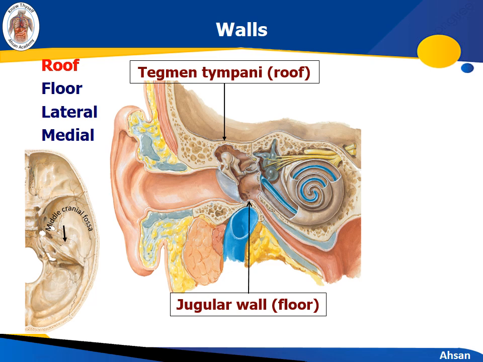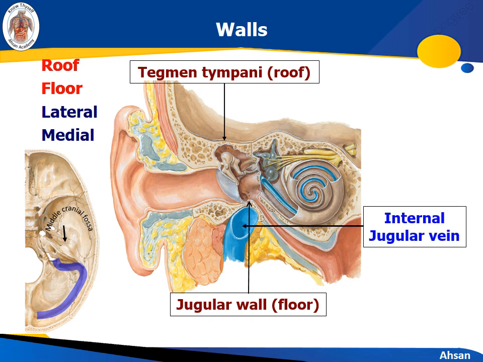The floor, you can see, is also a thin plate of bone that has a very close relation with a vein you can see below. Let us try to understand this. This is the sigmoid sinus. Let me show it again. This line is showing the course of the sigmoid sinus that is going towards the jugular foramen, and this passes through the jugular foramen to form the internal jugular vein.